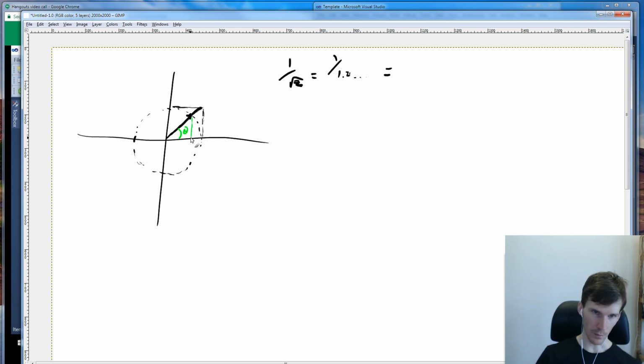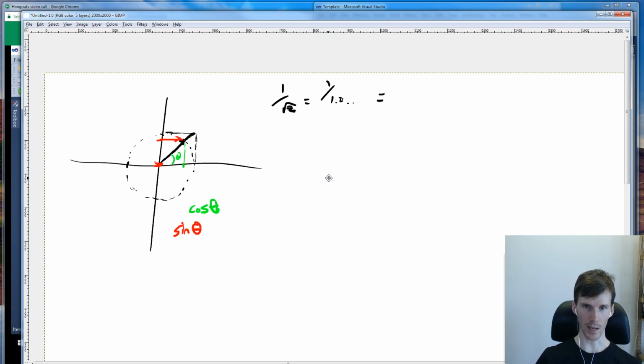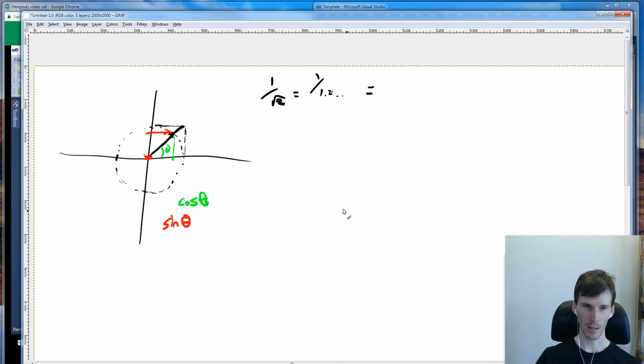So that distance there is cos theta. And we also know that this distance, that distance on the y-axis, is sine theta. And what we can do is, as we adjust theta, we can more or less just rotate vectors around the unit circle.